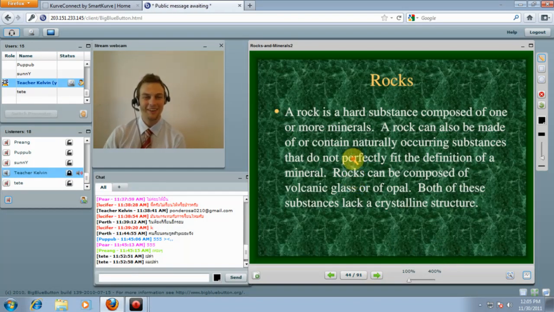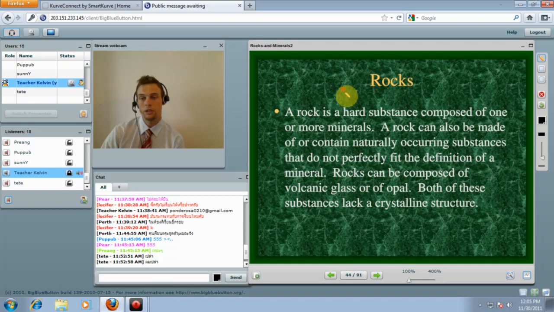Okay, so what is a rock? Sounds like a really straightforward question, but in geologic terms, it's a little bit more complicated. It's just a substance that has one or more minerals. So this actually can contain natural substances, organic things. They don't have to have crystal structure.